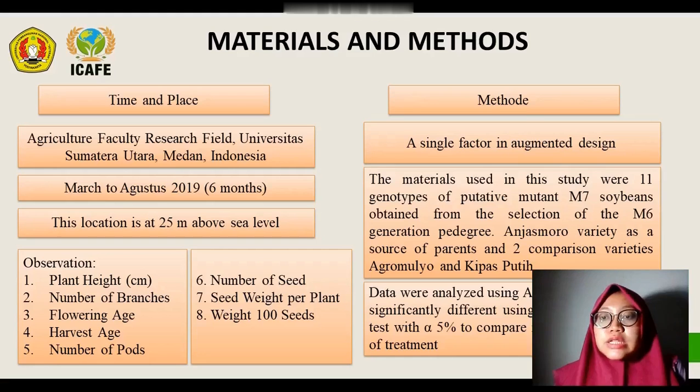Control plants were Anjasmoro as a source of high yield, Agromulyo, and Kipas Putih. The 3 comparison varieties were repeated 3 times, each consisting of 30 plants.